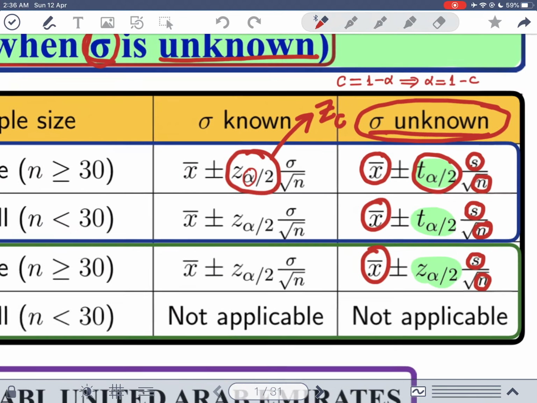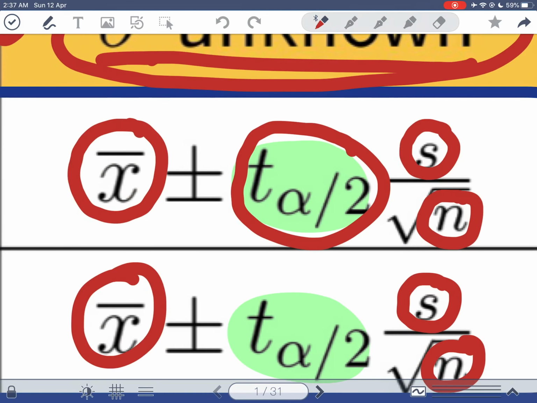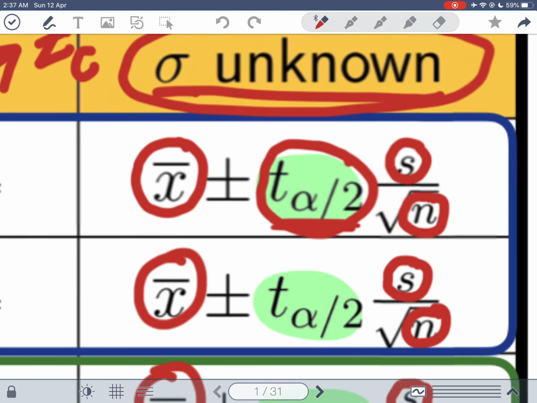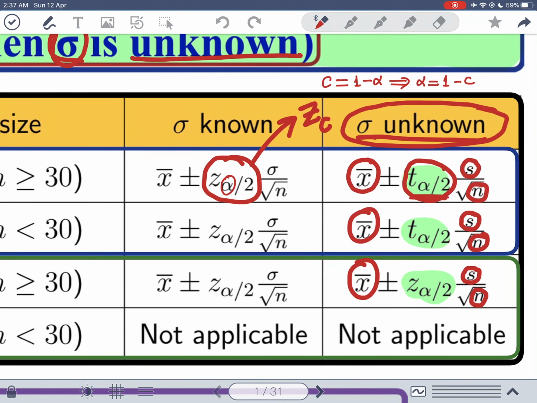Okay, so today we want to understand the t distribution, and the same thing that we did, we will do for the t distribution. This t sub alpha over 2, we will also call it t sub c. It depends on the textbook that you're using. Some textbooks use t sub c, and some books use t sub alpha over 2. You just ask your professor or check your textbook to know which one of these two notations you are using.